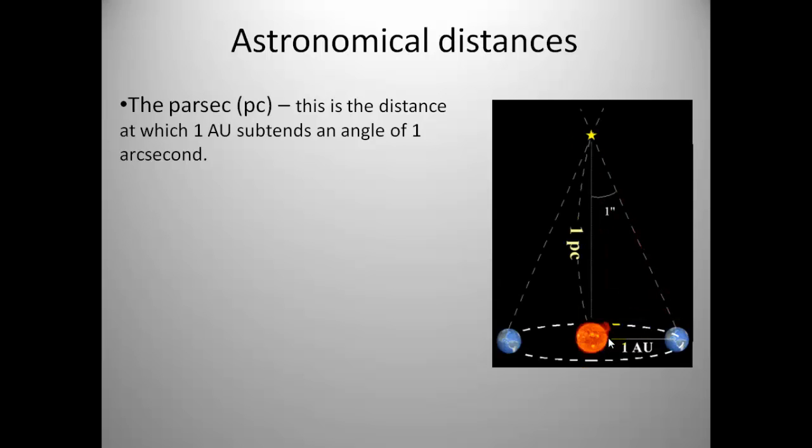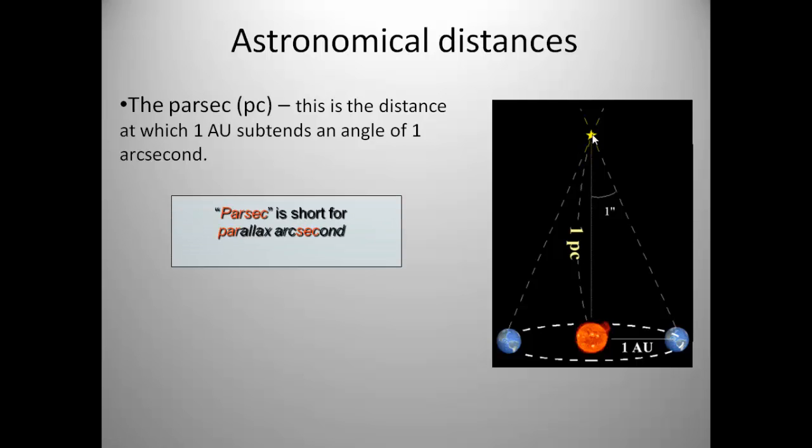The Earth starts at this position, and we look at a star against the background stars, looking vertically upwards, and the star is there. If we move into this position, which is a displacement of 1 astronomical unit, the star is now in the vertical position. The angle is shifted by this angle here, which is 1 arcsecond. Therefore, this star must be 1 parsec away.